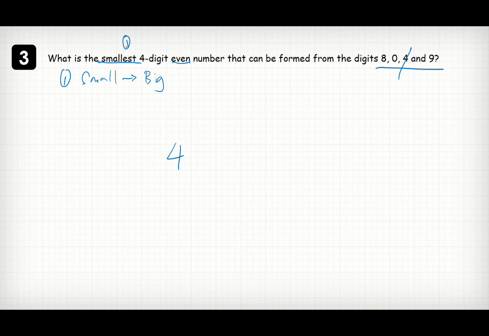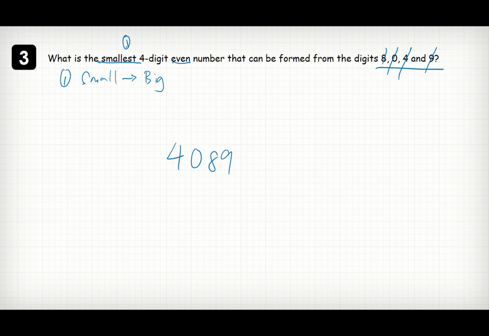Then, with the remaining digits, I can use 8, 0, and 9. Which is the smallest digit? 0. Followed by 8. And followed by 9. So that's the smallest 4-digit number. Not the smallest 4-digit even number, but the smallest 4-digit number.